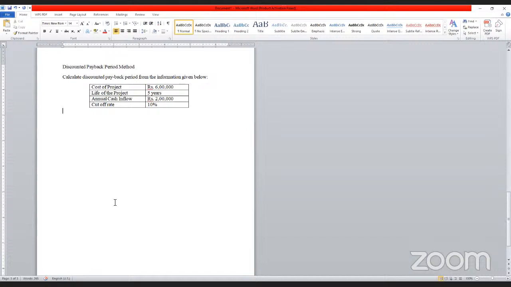Now for this problem's purpose, I'll mention the values here. Calculation of present values of cash inflows.